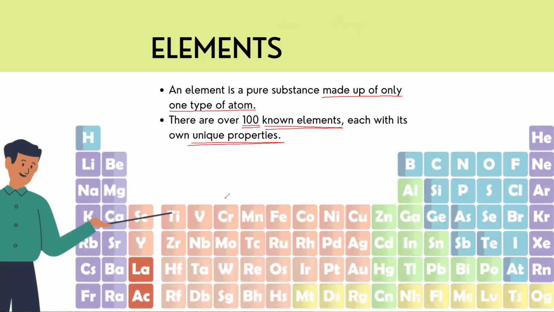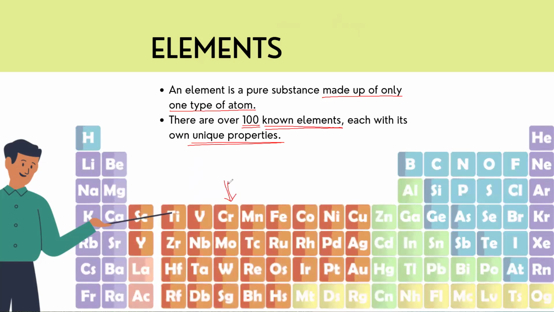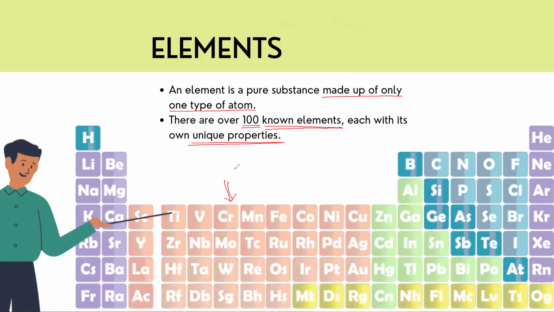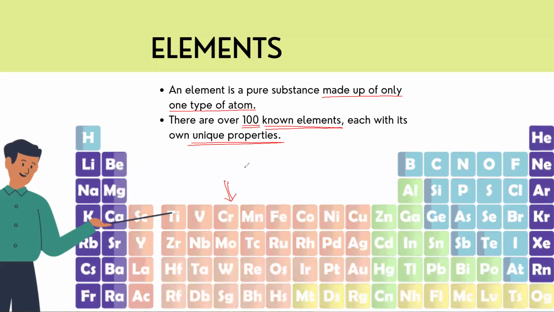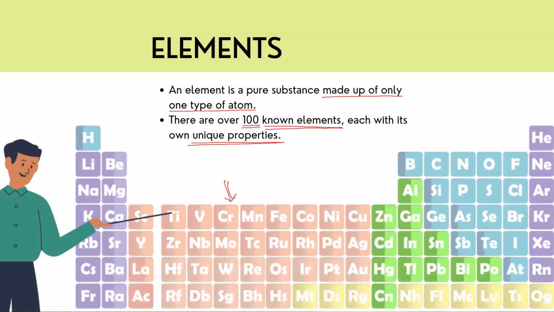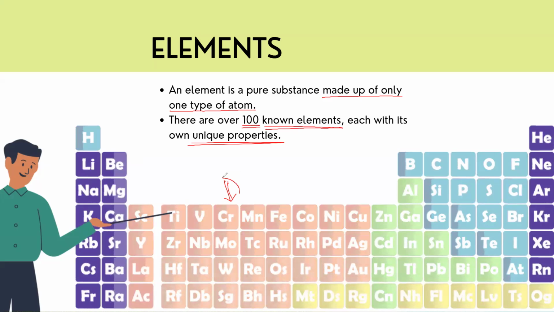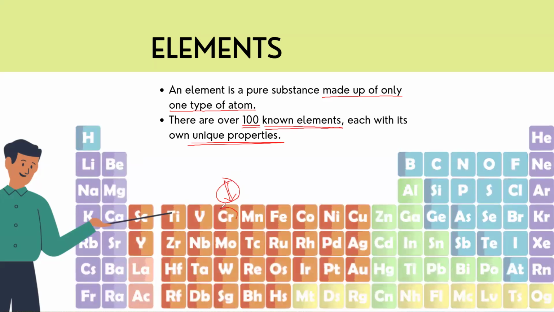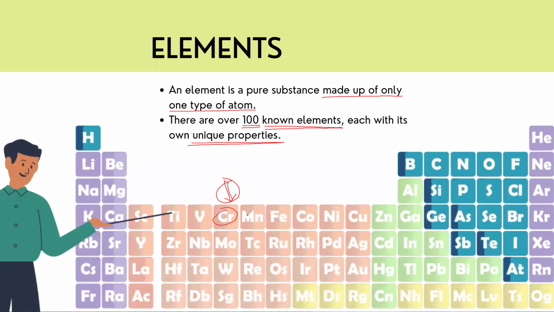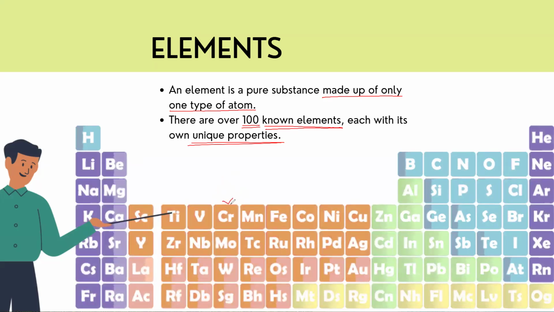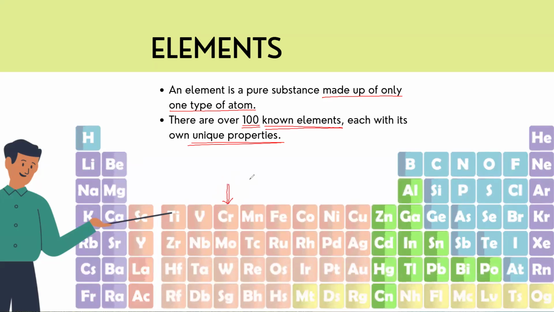For example, what is the name of these elements that I just labeled? Can you see the labeling that I'm doing?